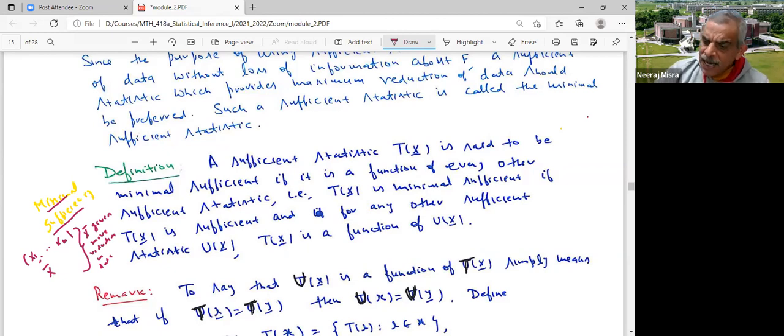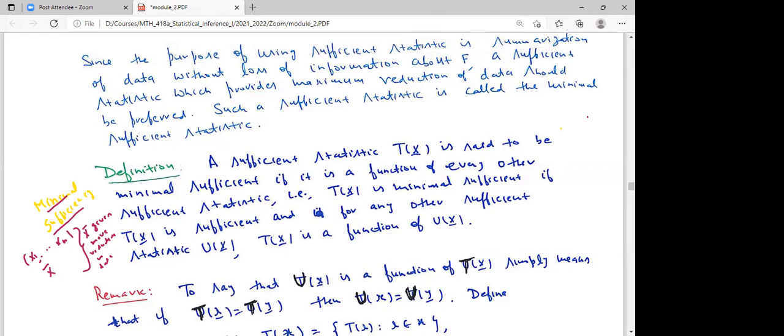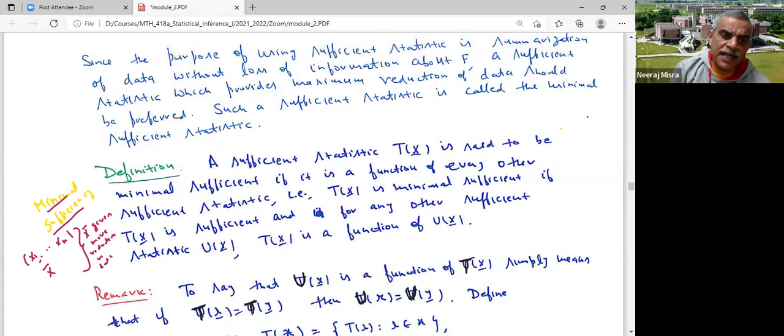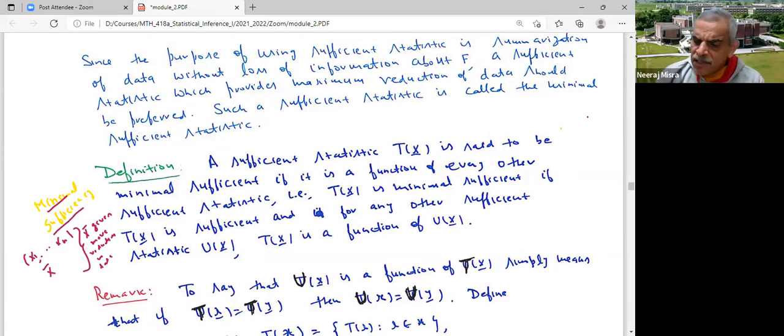So that means I should look for a sufficient statistic. If x1, x2, ..., xn was also sufficient and x bar was also sufficient, I would have preferred x bar because both are sufficient. They contain the same amount of information. But x bar gives me more reduction in data because x bar is a function of x1, x2, ..., xn. So if you have two statistics, T1 and T2, and T1 is a function of T2, then certainly you will prefer T1, because given the knowledge of T2, you can determine T1, but not otherwise.